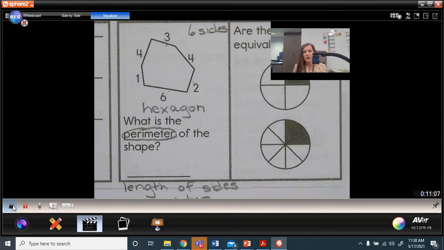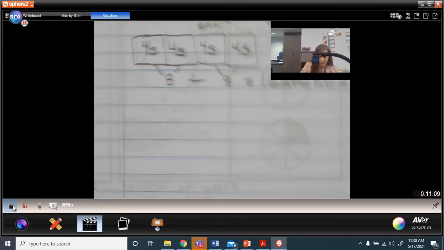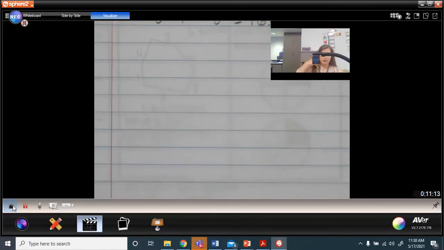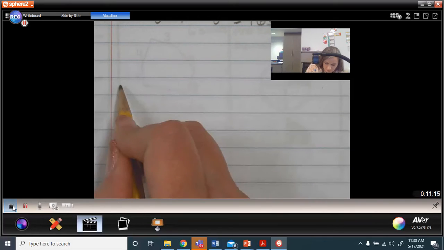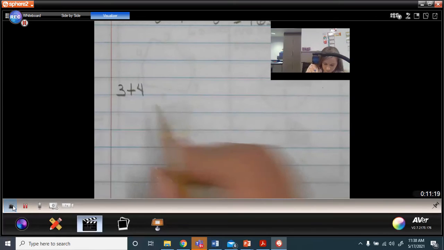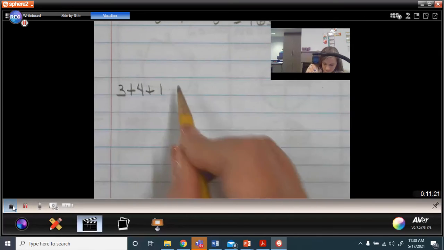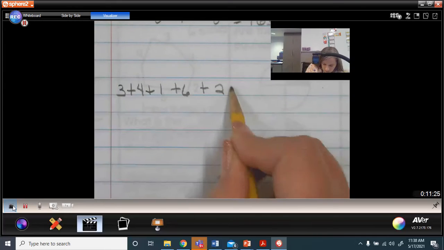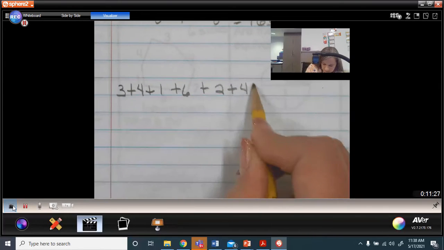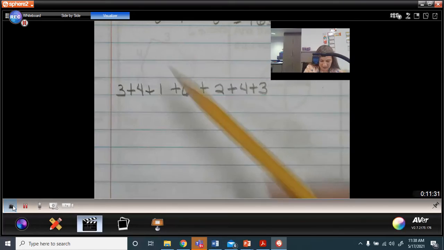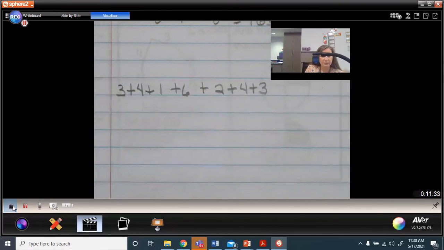So let's go ahead and use our addition to find the length of the sides. So I have 3 plus 4 plus 1 plus 6 plus 2 plus 4 plus 3. You're like, how did you do that, Miss Hanmiel? I can see through the paper if you didn't notice that.